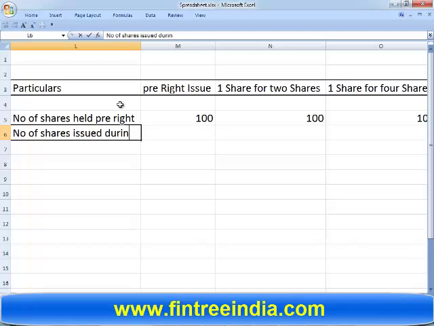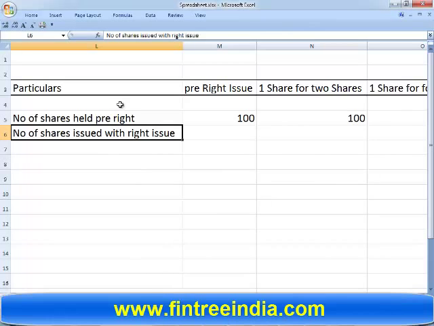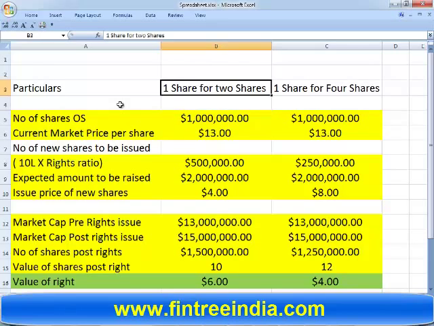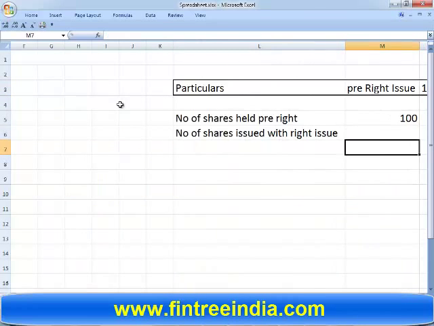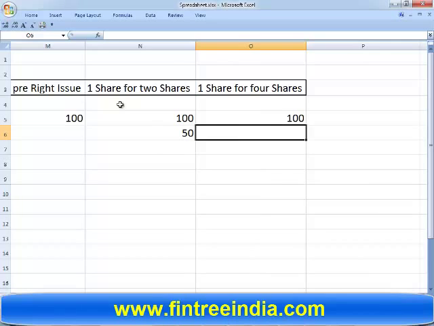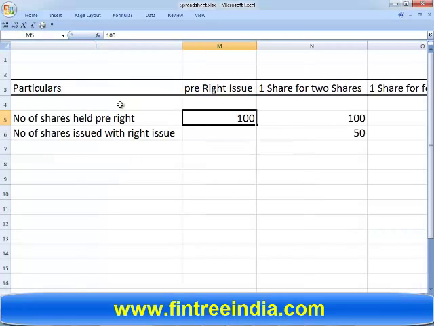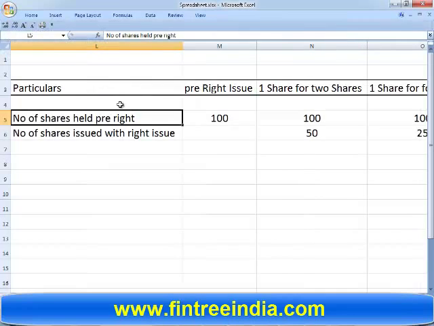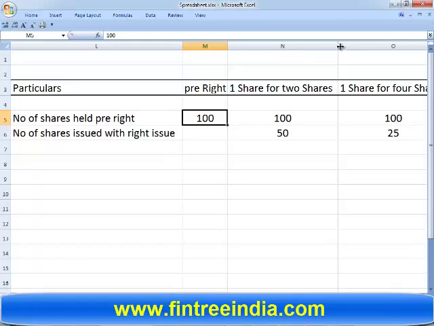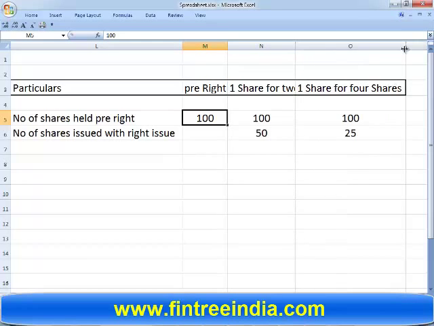Number of shares issued with right issue. So here we had 1 for 2 and 1 for 4. That means number of shares here would be 50, and number of shares would be 25 here. Let's try to fit this in one screen. Are you following what's happening?